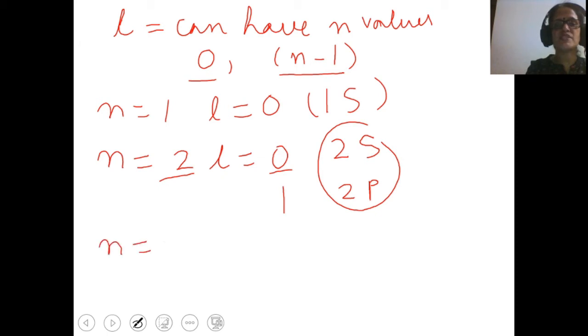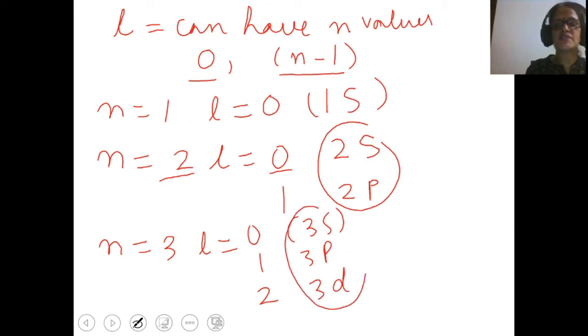Similarly, we can write n is equal to 3. l will have three values, 0, 1 and 2. So n is equal to 3, l is equal to 0, 3s subshell. n is equal to 3, l is equal to 1, 3p subshell. n is equal to 3, l is equal to 2, 3d subshell. So the third shell consists of 3 subshells.